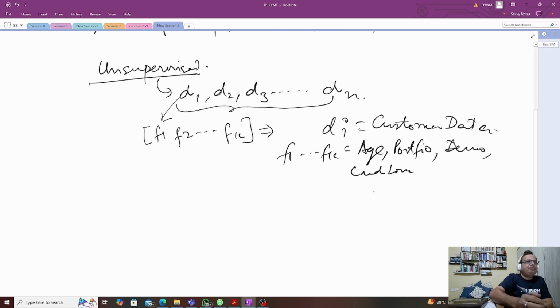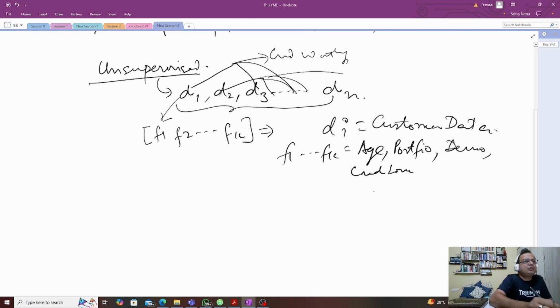So all of these data points, or a culmination of features for these data points, are available, but you don't have additional humanly intelligently annotated data on whether these particular customers are credit worthy, and some of the others are not so credit worthy.